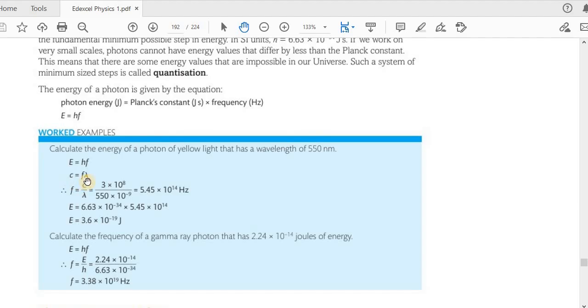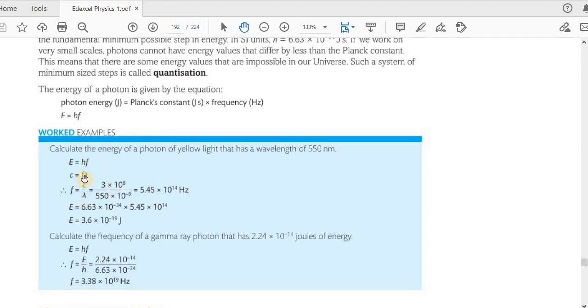So we have c = fλ. If you make f the subject of the equation, it will be c over λ. If you want, you can substitute that here, then you get E = hc/λ, and that can be used to solve this problem.